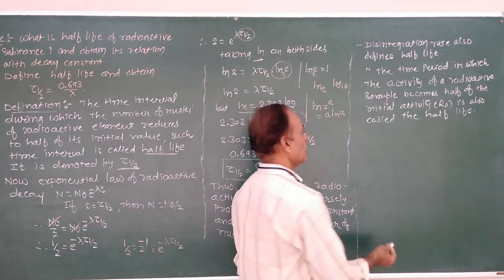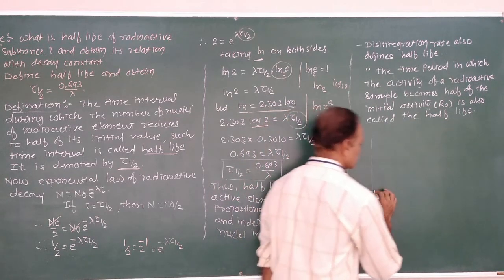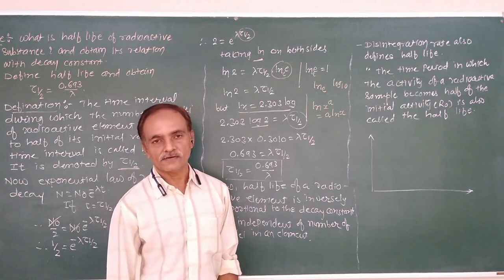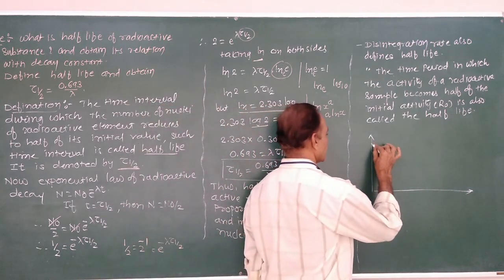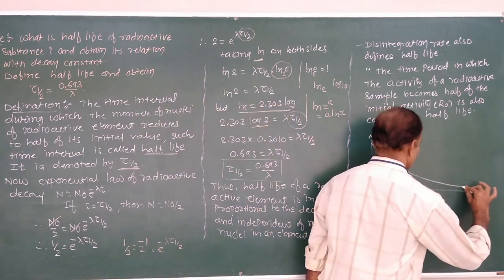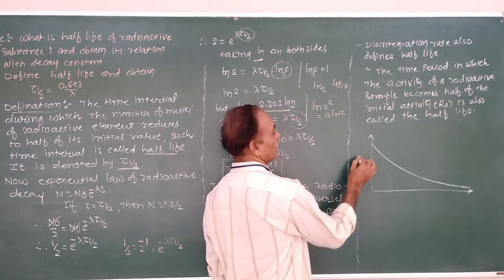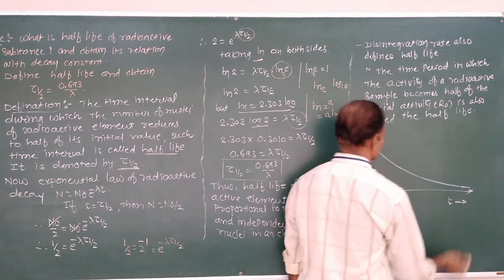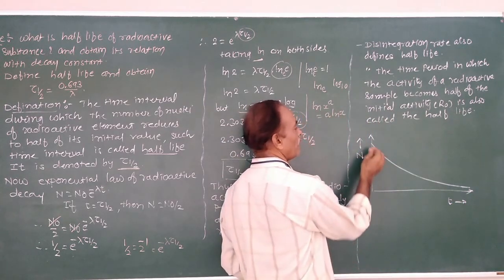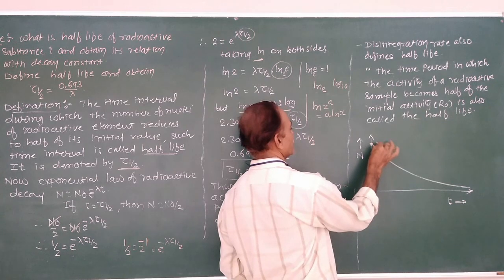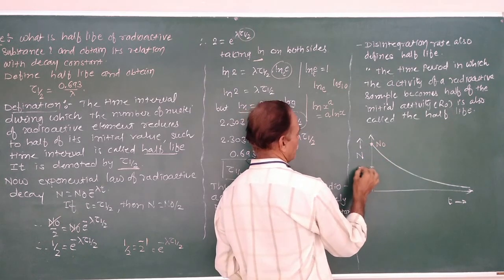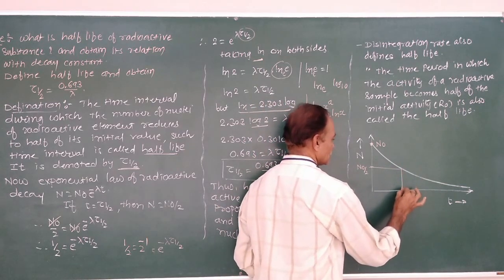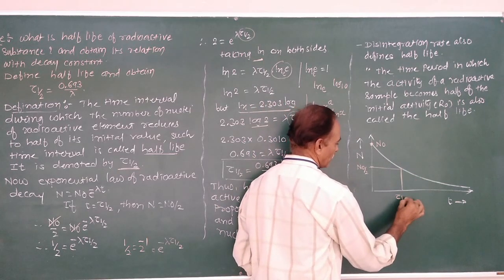Clear? Okay. Now, remember that we drew the diagram of the decay curve. Initially, the number of undecayed nuclei is N0. As the time increases, the number of undisintegrated nuclei decreases. When it becomes N0/2, the time for this is tau half.